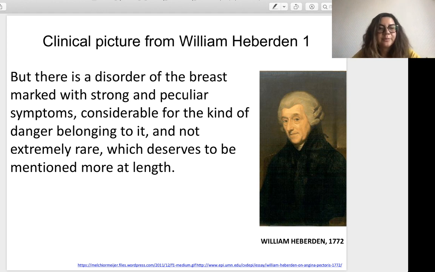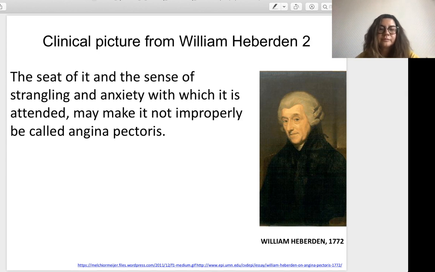Heberden said: it is a disorder of the breast marked with strong and peculiar symptoms, considerable for the kind of danger belonging to it, and not extremely rare, which deserves to be mentioned more at length. The seat of it and the sense of strangling and anxiety with which it is attended may make it not improperly be called angina pectoris. He first formulated this term, angina pectoris.